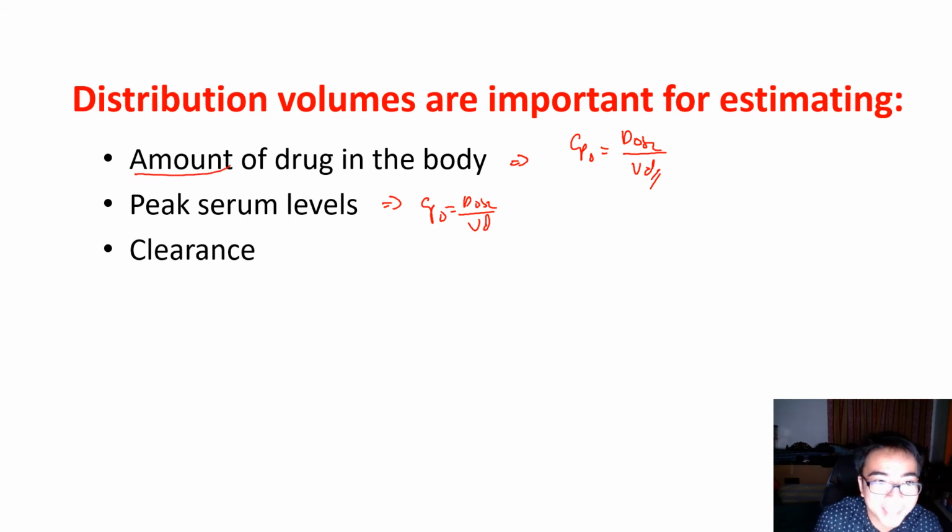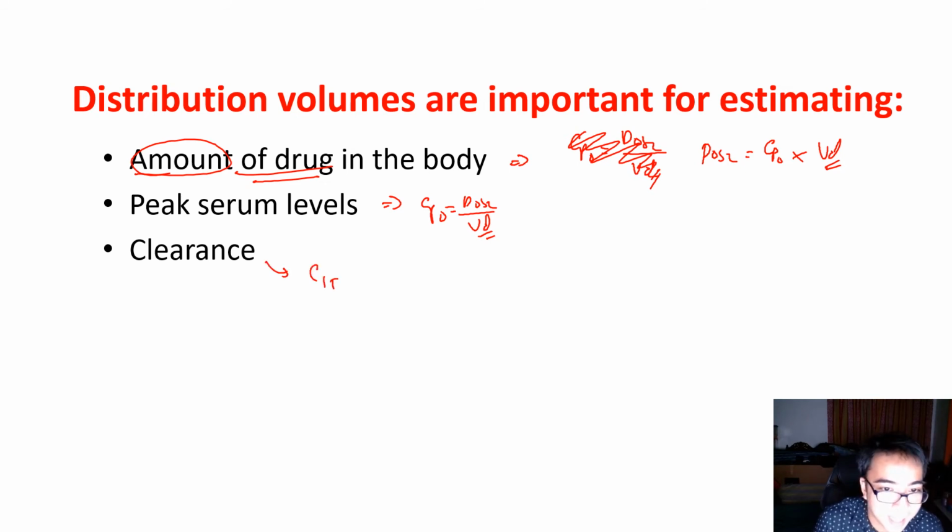When we're talking about the amount of drug, we're actually referring to the dose. So that's dose equals CP0 times VD. Again, we still need VD there. Or we use the volume of distribution to compute for clearance. To compute for clearance, class, CL, is simply VD times K. Actually, there are many more formulas for clearance that use VD, but this is the most basic.